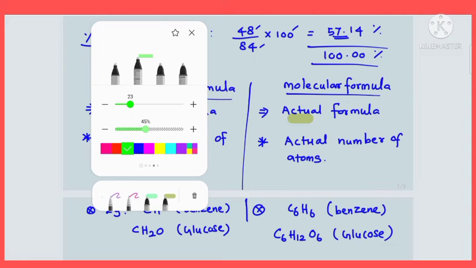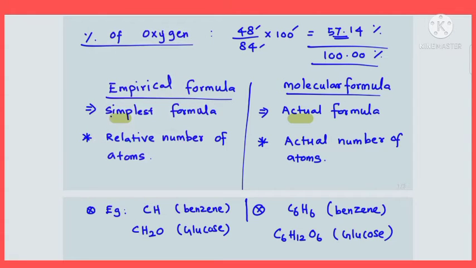Next, the empirical formula gives the relative number of atoms. It gives a simple ratio between the atoms which are present in a compound, whereas the molecular formula gives the actual number of atoms.